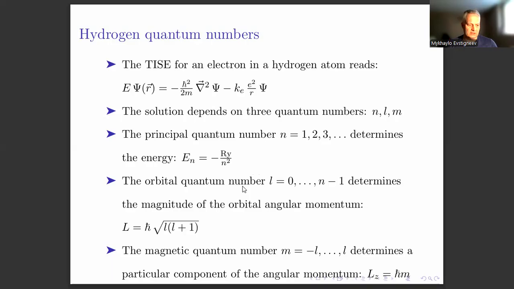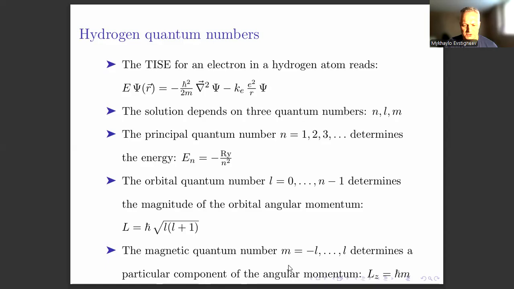Joule is kilogram meter squared per second squared, times seconds, so kilogram meter squared per second. Angular momentum units.